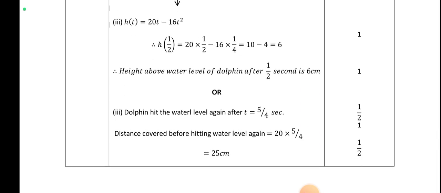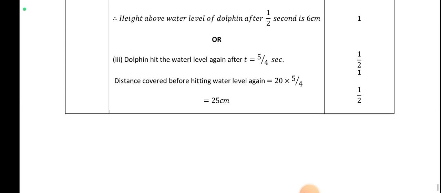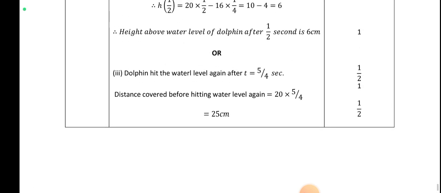Then the third subdivision: substitute t as 1 by 2, because they have given 1 by 2 and are asking how much height, and you get the answer 6. Then the dolphin hits the water again at 5 by 4, so 20 times 5 by 4, and you get the value 25.